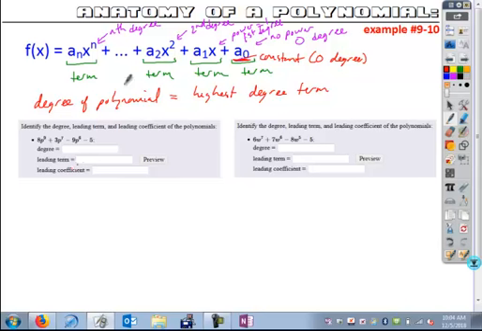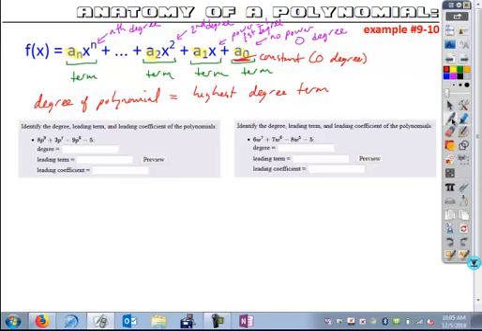Each of these individual terms potentially has a portion that's multiplied in front of the x, and that's called your coefficient. The last little piece is each of these multipliers labeled a to the n, a base, or a2, a1, a0.